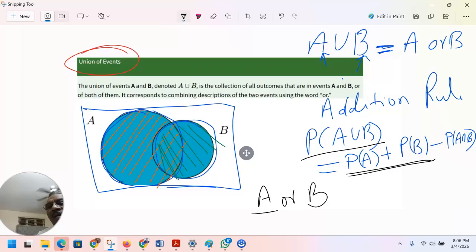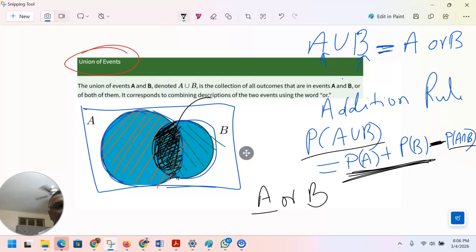It is not just adding, because there is one part which is common. This piece is repeated for both A and B, so you have to subtract. That's why the subtract. You take away those ones and get that answer.